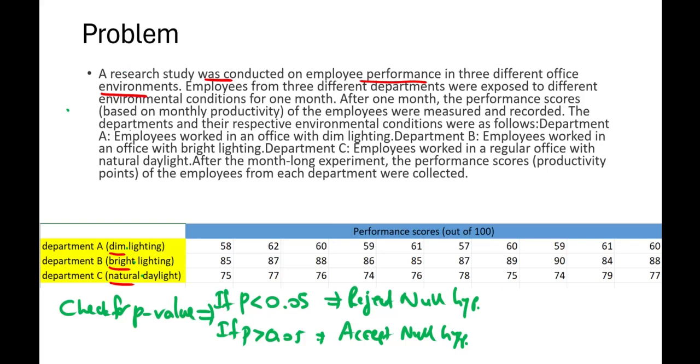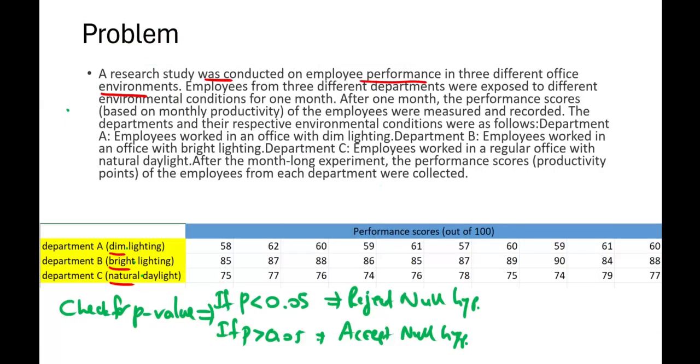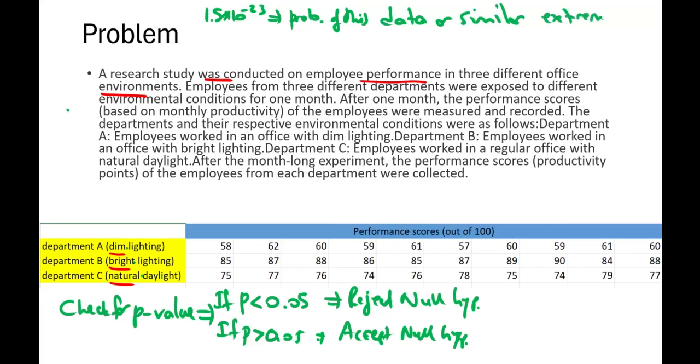But what does this value of 1.5 times 10 to the power of negative 23 mean? It means the probability of this data, or similar extreme ones, happening is 1.5 times 10 to the negative 21%, because negative 23 times 100 gives negative 21.